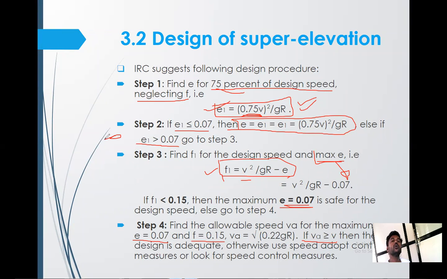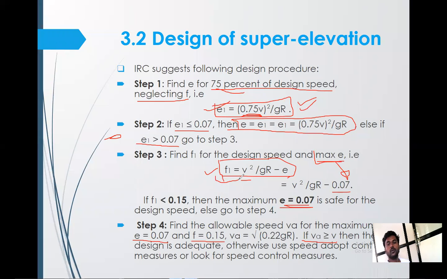Now in step 3, we will assume that E, the maximum super elevation, is equal to 0.07. By putting this value, we will find the frictional factor F, that is the lateral coefficient of friction.